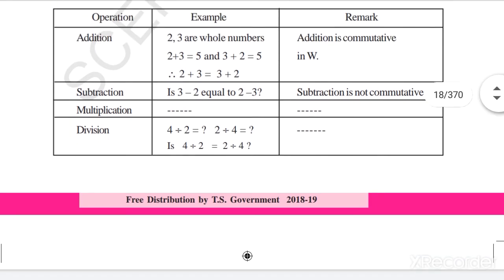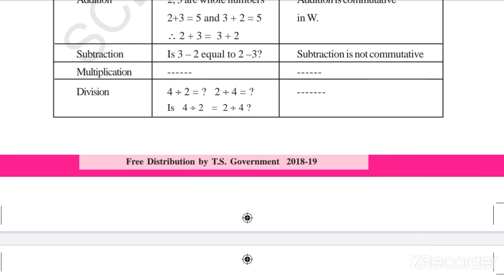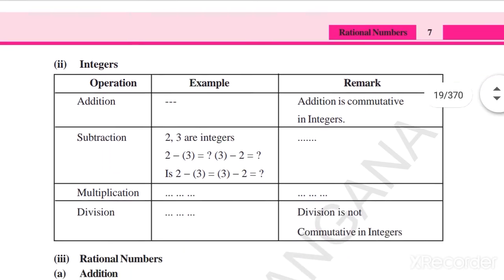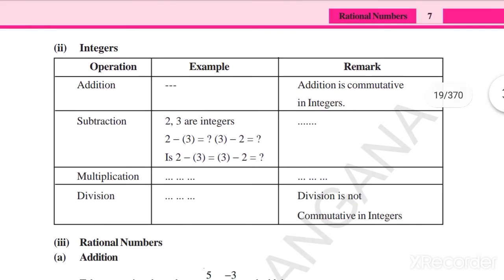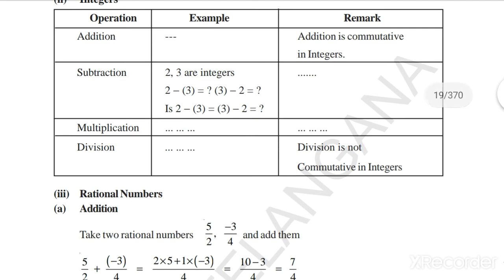So we can write division is not commutative in whole numbers. Now we check the commutative property for integers. Addition, for example 1 plus 2 is 3, 2 plus 1 is 3, both ways we get 3. So addition is commutative in integers.